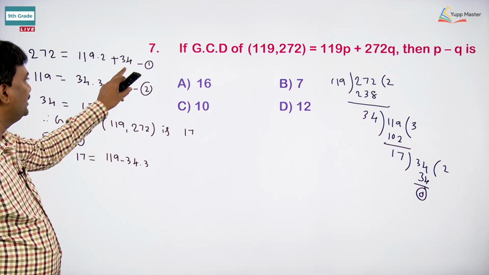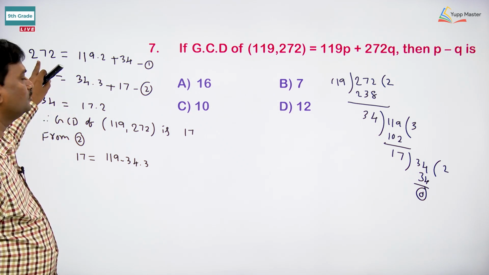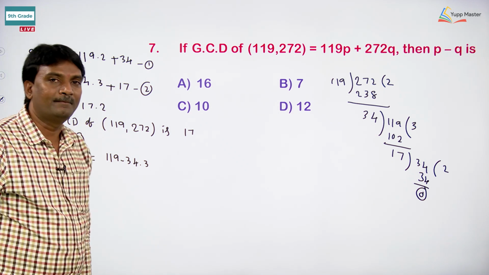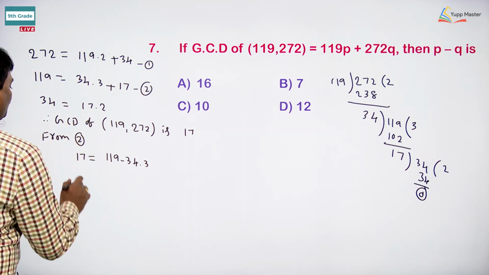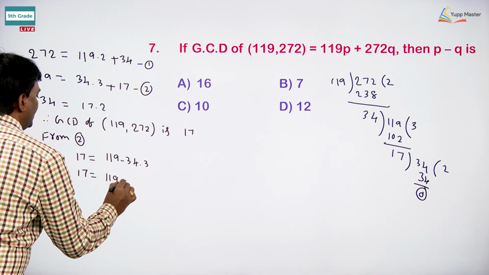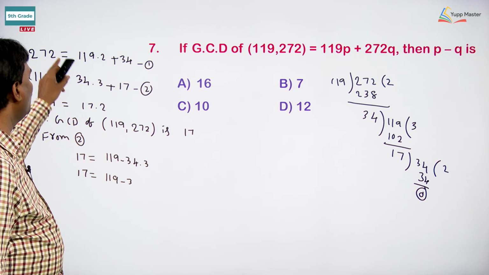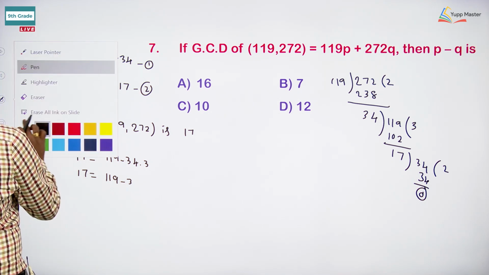Again, in place of 34, from equation 1, taking 119 into 2 to the other side, we can write 34 equals 272 minus 119 into 2. So 17 equals 119 minus 34 into 3, and in place of 34 we write 272 minus 119 into 2.